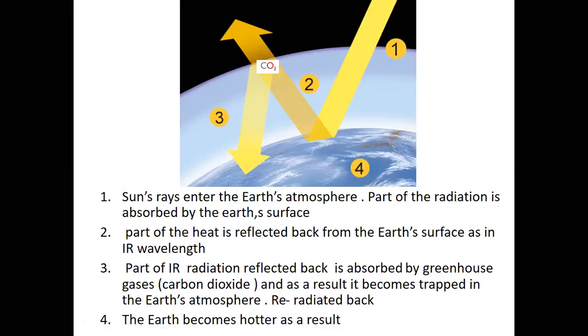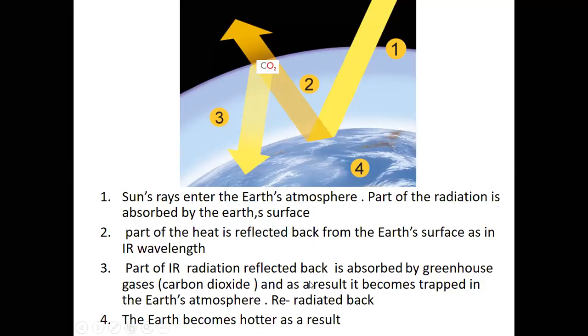So when there are greenhouse gases in the atmosphere, what happens? The reflected infrared radiation is absorbed by the greenhouse gases. Then what happens? Our atmosphere becomes hot.